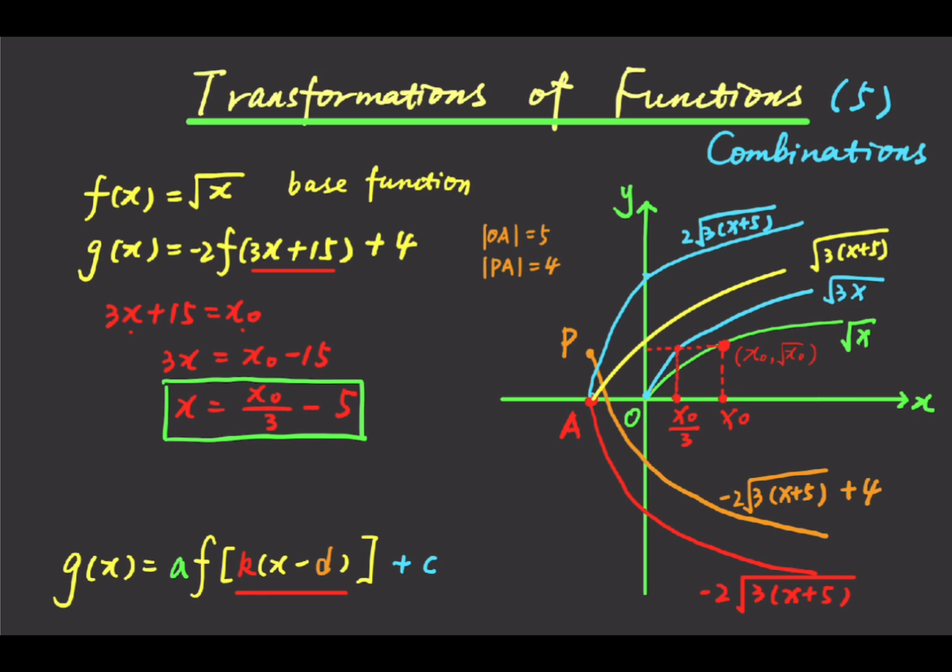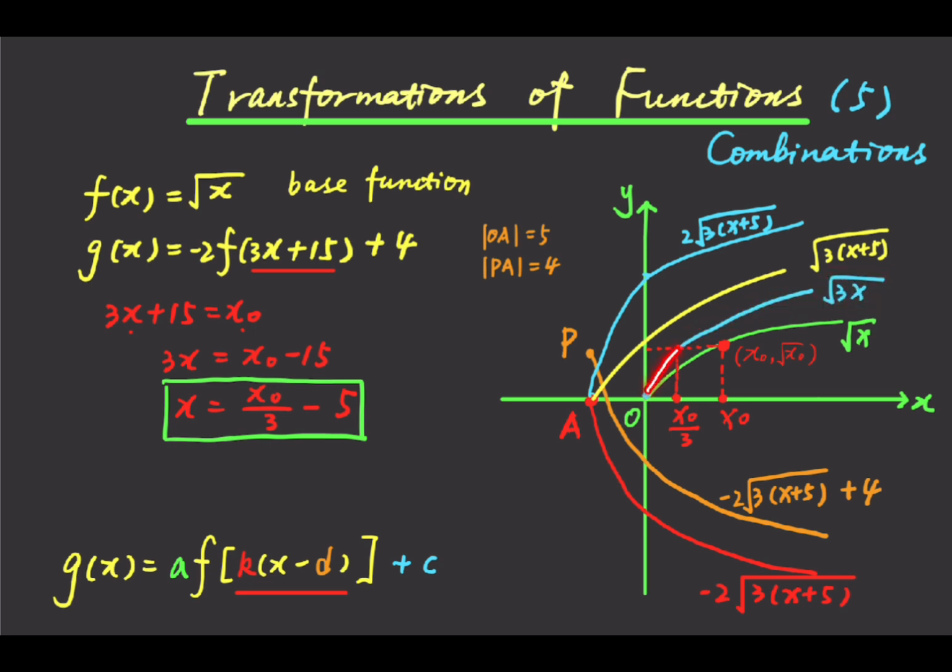So for this graph, if we want to keep the square root of x0 unchanged, the corresponding x-coordinate should be x0 over 3. Then, for every point on this graph, we do the same transformation, and we can get the corresponding graph of this function.